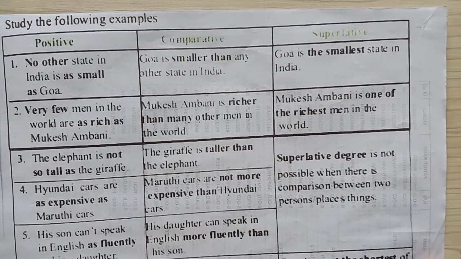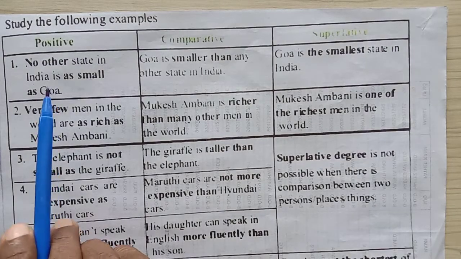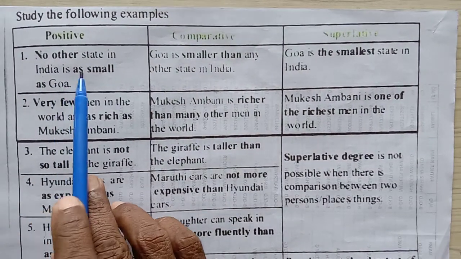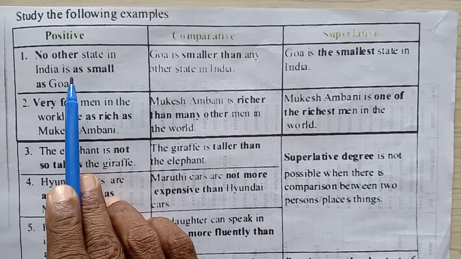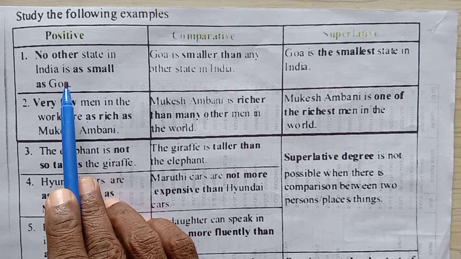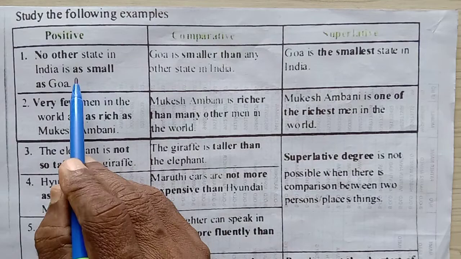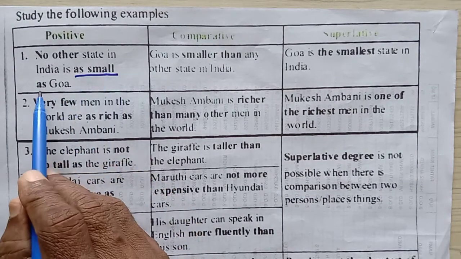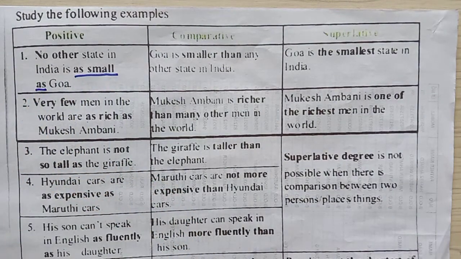Okay, so here we have a positive degree. No other state in India is as small as Goa. Now, "as small as", so what was the rule we were saying?